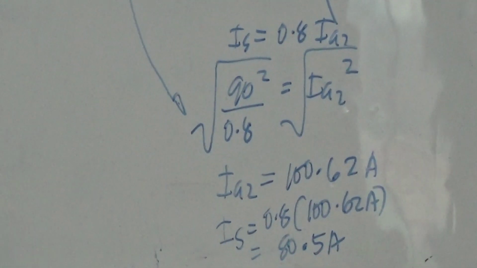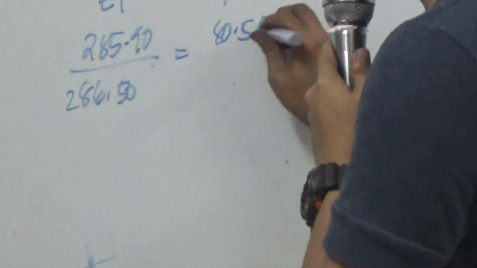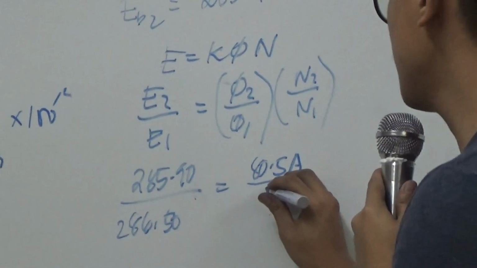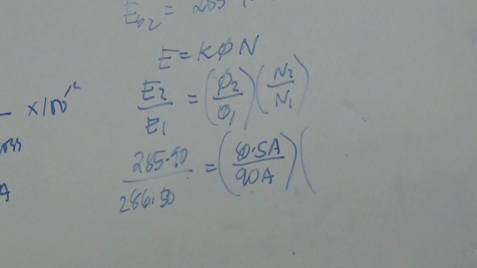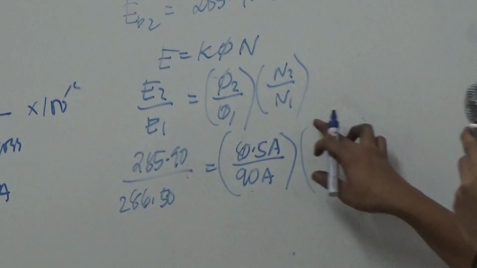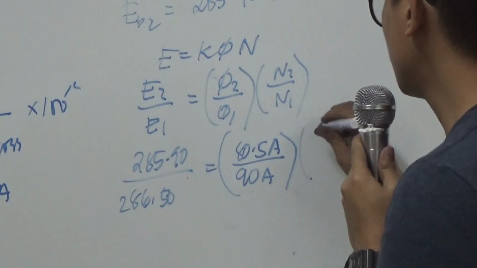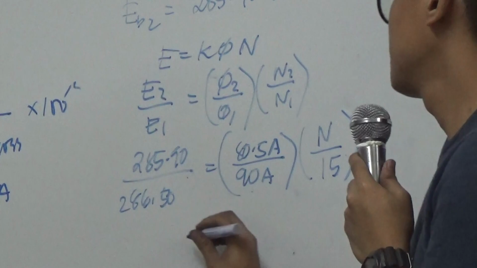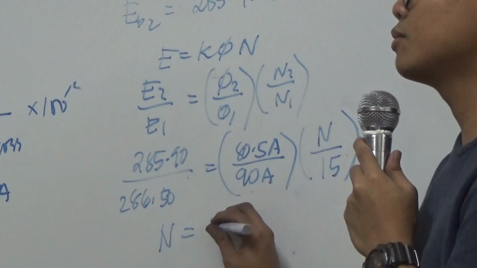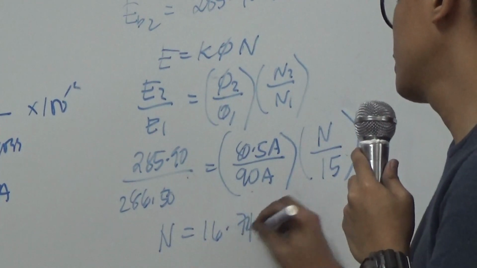So 80.5 amps divided by flux 1 proportional to 90 amps, N2 yung hinahanap. So N2 divided by N1. So N now is equals to 16.74 RPS.